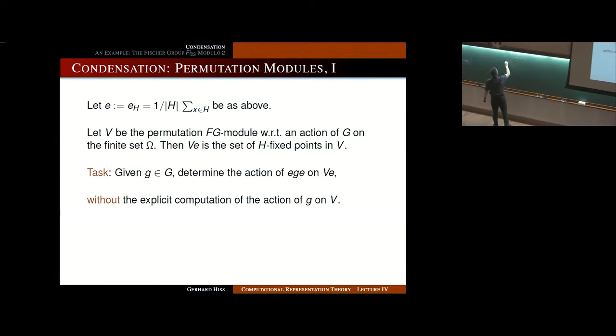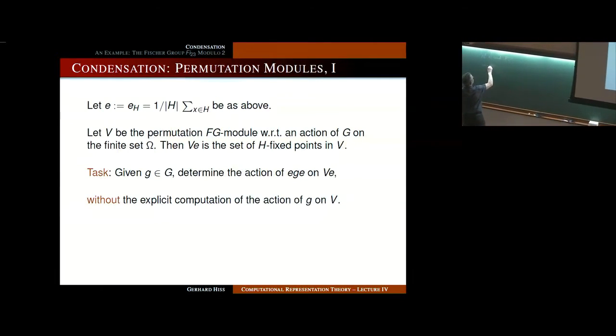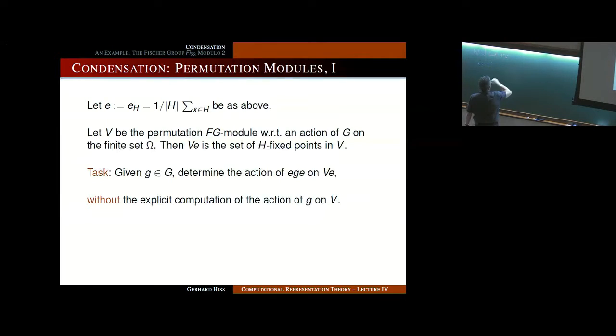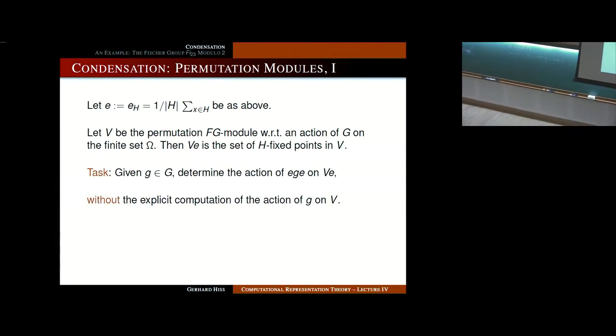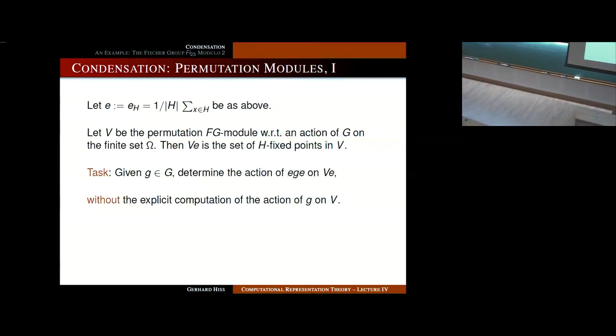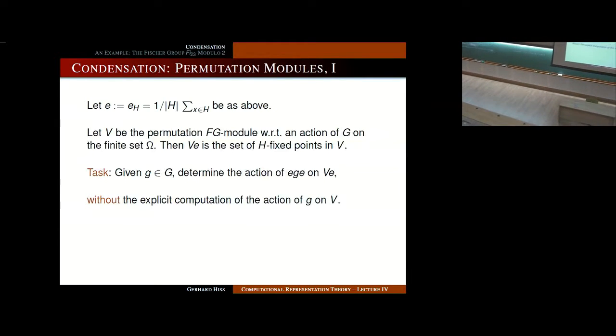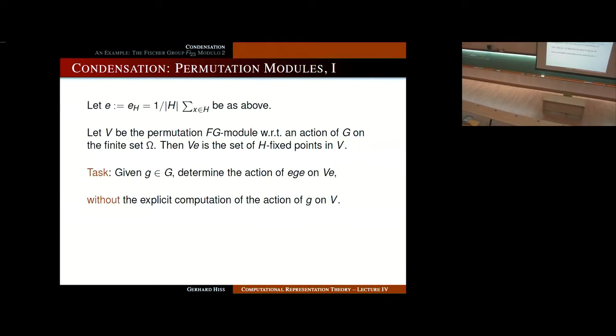And let's choose a non-zero vector in W. And let's look at omega, just the orbit of W under G. This is a beautiful permutation representation which you can just specify by a module which you can write down and a vector.